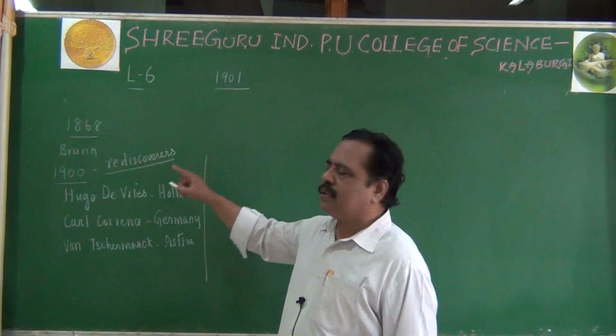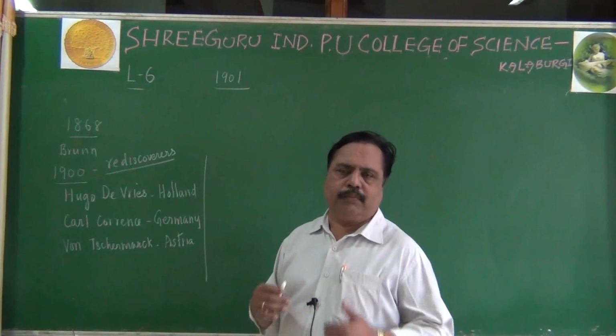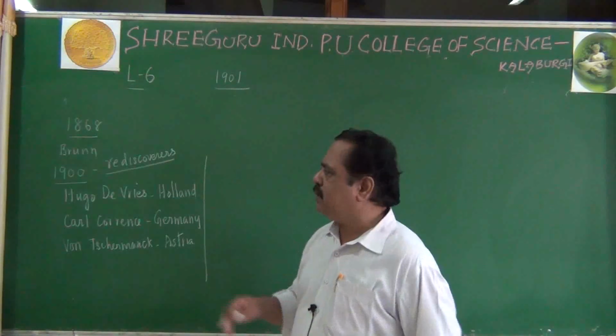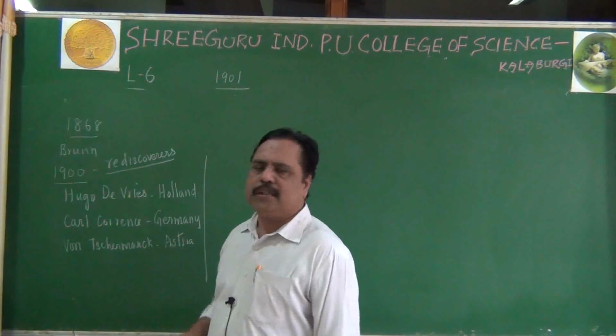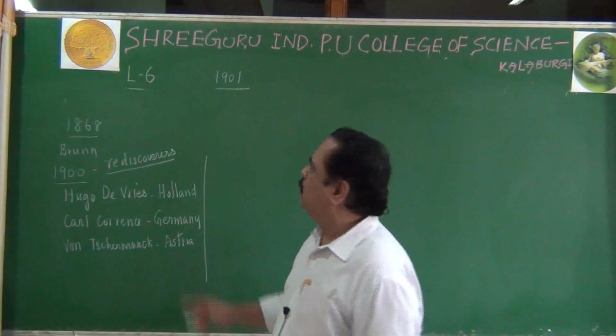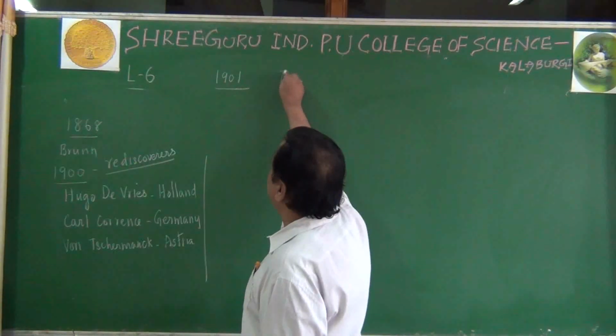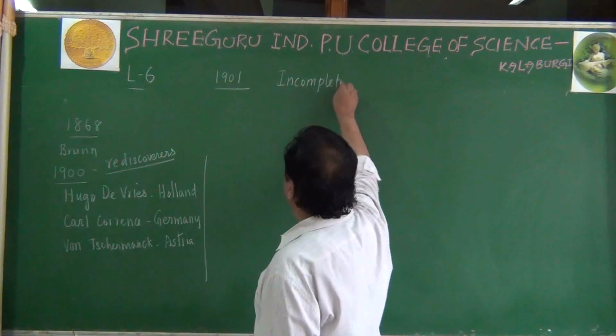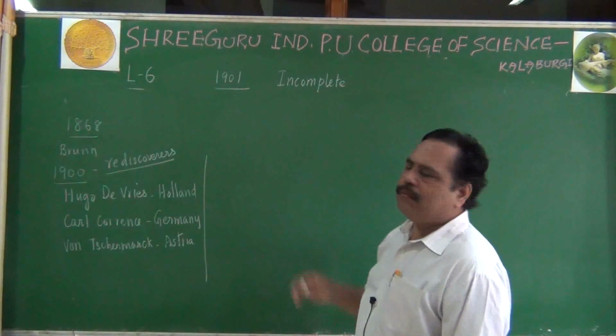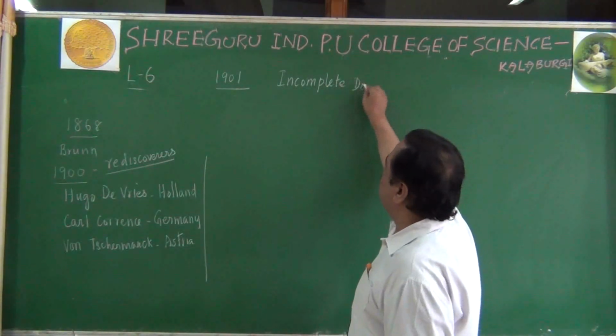These deviations came to light in 1900. The first deviation we are going to study here is a principle called incomplete dominance. Remember the basic of this point I am talking about.